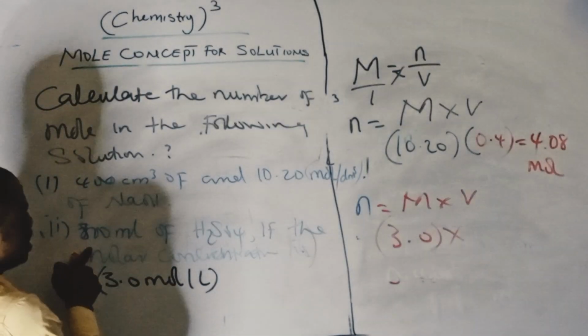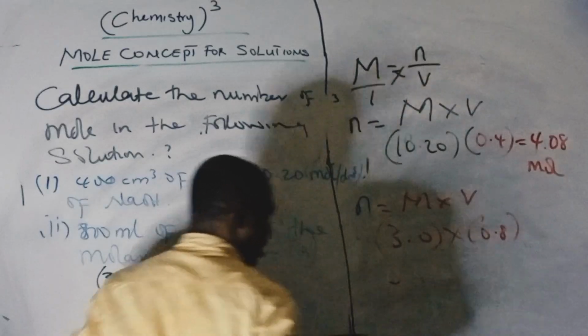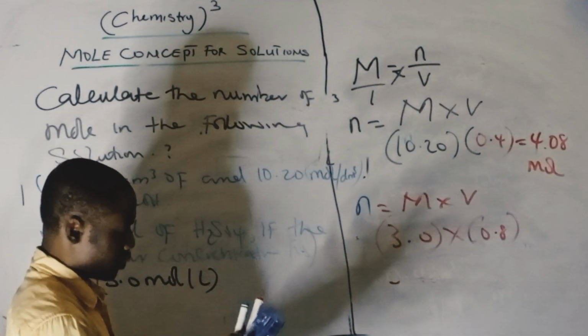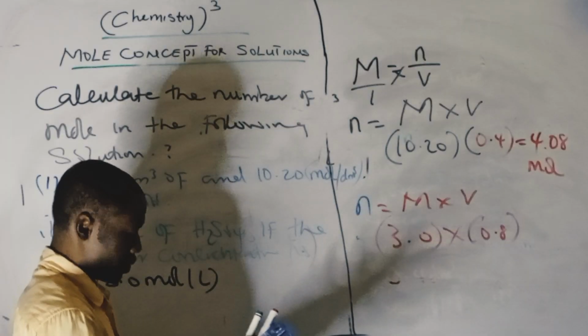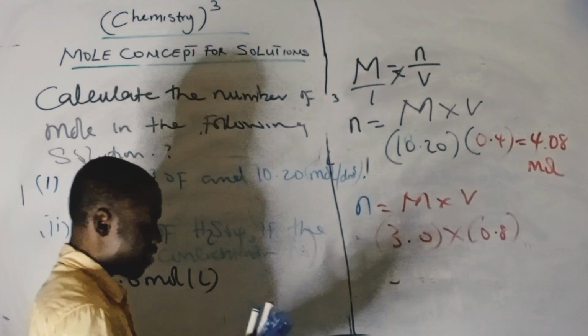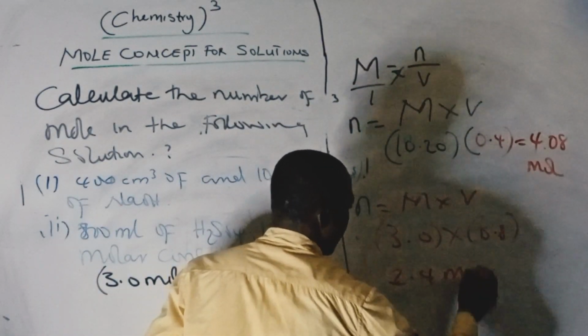If you convert this to liter, you're going to have 0.8, and then when you do your math, 3.0 times 0.8, I'm going to have 2.4. So I have 2.4 mole.